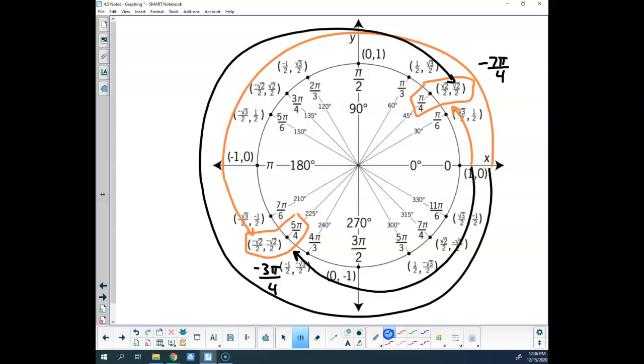Because if I am dealing with the fourths, the pi over 4s, it takes 8 of them to get all the way around the circle. The whole circle is 2 pi, so that's 8 pi over 4. If I use 5 of them to get to here, I have 3 of them to go yet. That's why it's negative 3 pi over 4. If I use 1 of them to get to here, I've got 7 of them to get all the way back around.